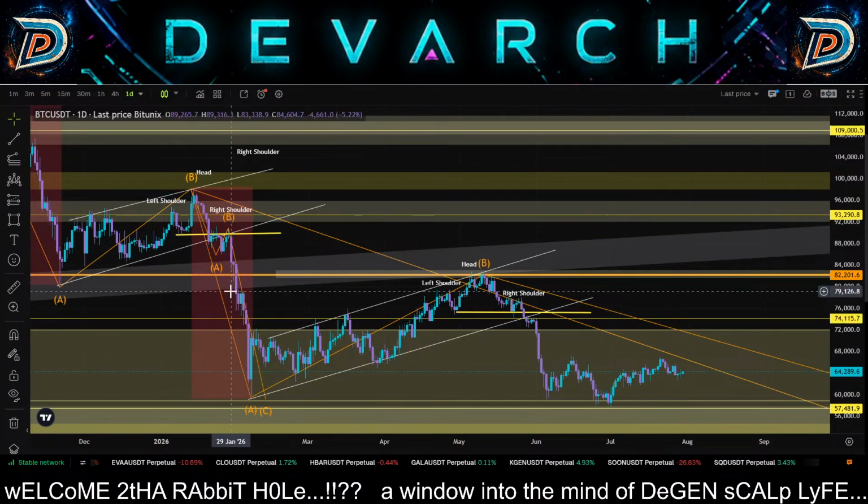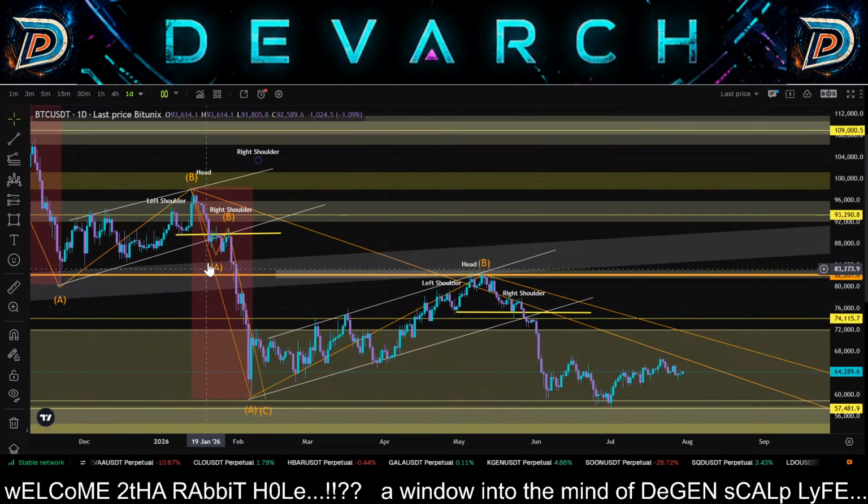There's no right shoulder or left shoulder, right? The A wave is always going to be your left shoulder, with the C wave bottom the head, and the right shoulder is going to be your wave 2 within the impulse, and this is in the corrective structure for an inverse head and shoulders.